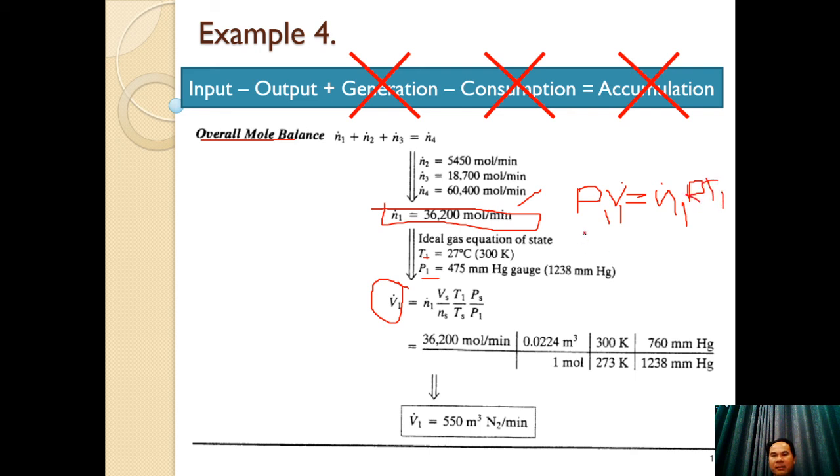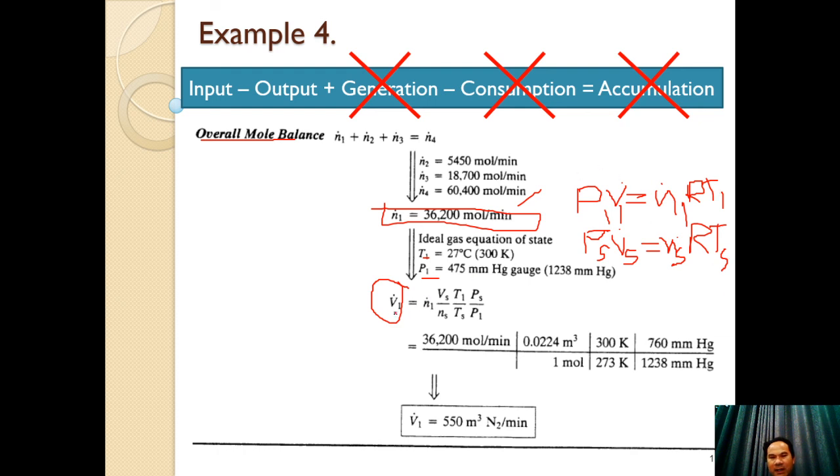And also for the standard state, Ps Vs equals Ns R Ts, right? Okay, you divide P1 V1 by Ps Vs, which equals N1 divided by Ns, R divided by R cancel, T1 divided by Ts.